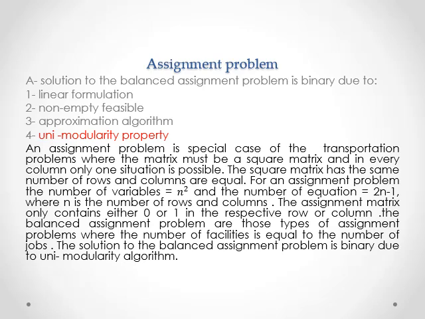The solution to the balanced assignment problem is binary due to unimodularity. So the perfect solution for the mentioned question is number 4, unimodularity probability.